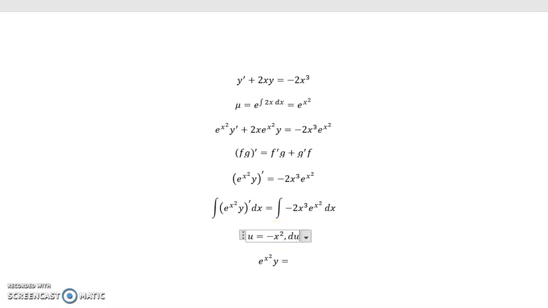And then du will be negative 2x. My dv is the 2x that I borrowed and the e to the x squared. And then v, if I integrate this, is going to be e to the x squared. And we'll put my dx here just to be careful.